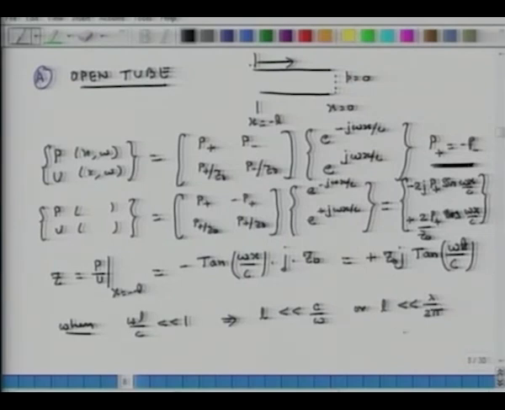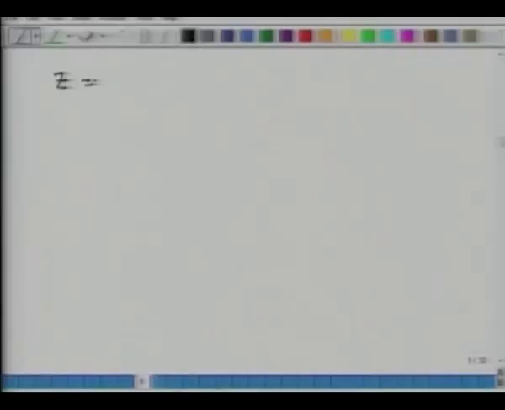So for this condition, when L is significantly smaller than about 1/6 of lambda, this relation becomes Z equals Z naught j times omega L over c. So we have seen that Z, the impedance, is Z naught times j times omega L over c.